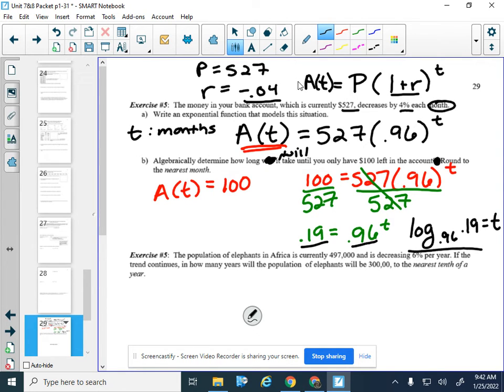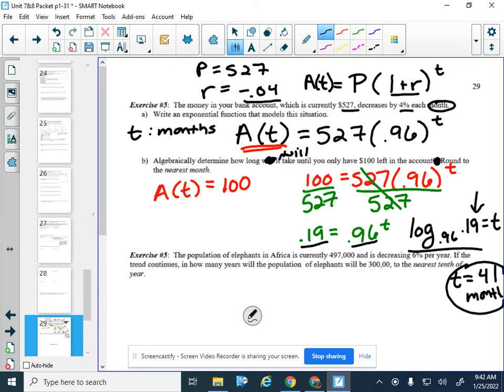When I type this in my calculator using my log base button, I will highlight that whole decimal above to get the exact answer. So log base 0.96 of 0.18975 and so on, to the nearest month, I get 40.7, so that's going to be 41 months.